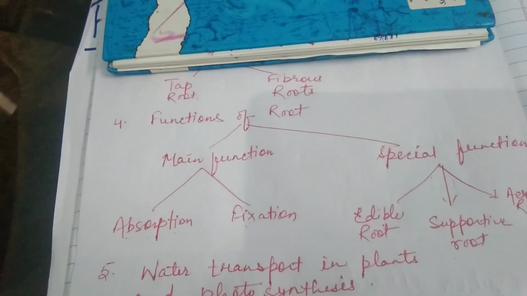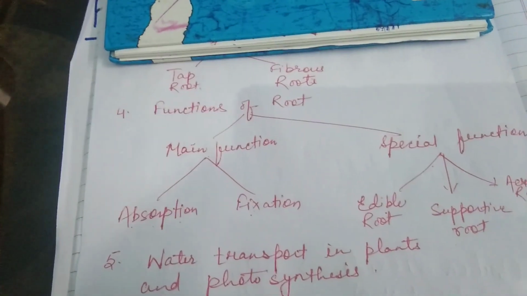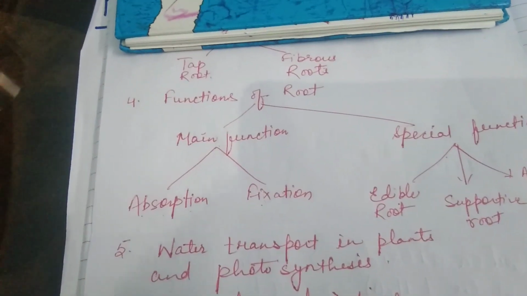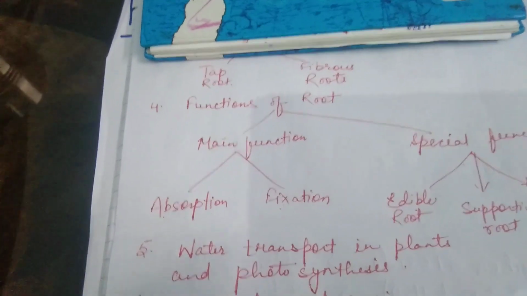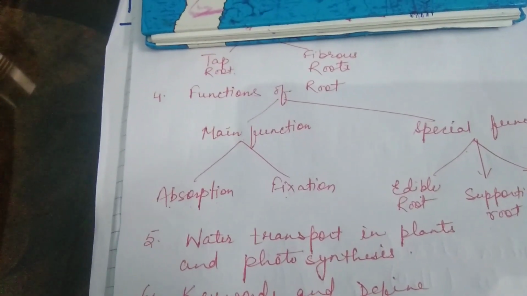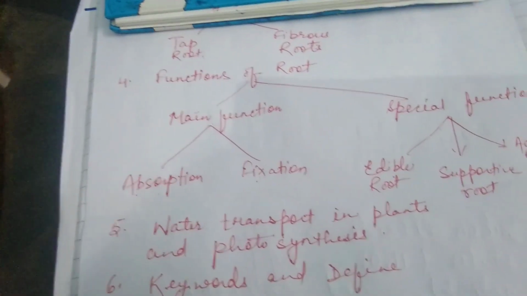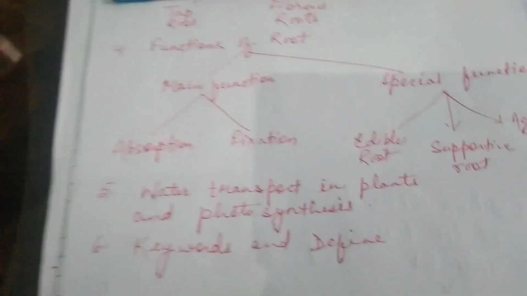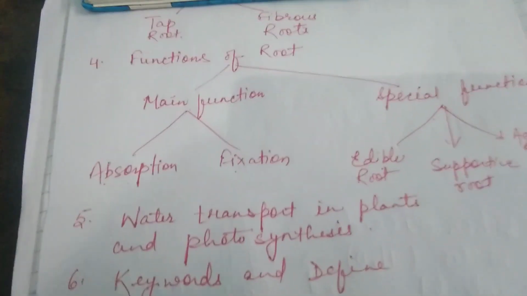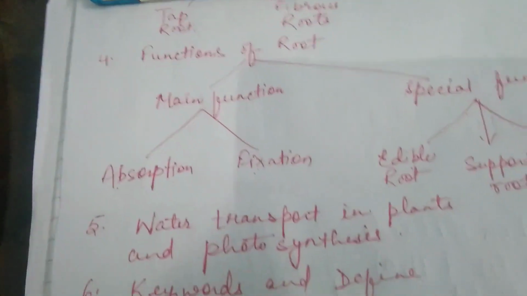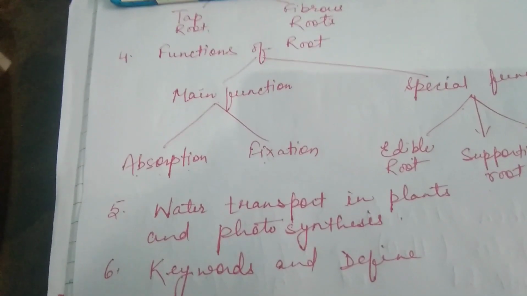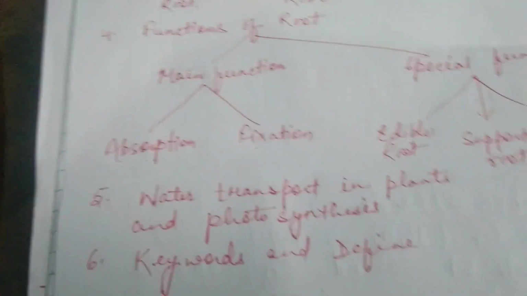Now, a few students have asked me to discuss water transport in plants and photosynthesis. So, I have also provided you a video on this, that is water transport in plants and photosynthesis, that is making of food by the plants.